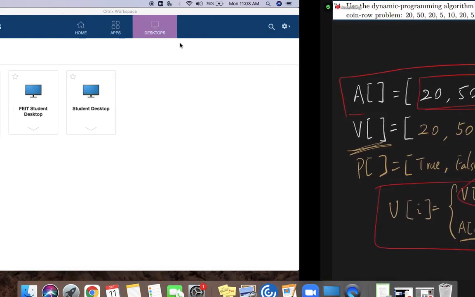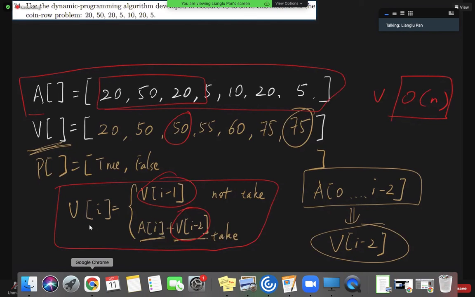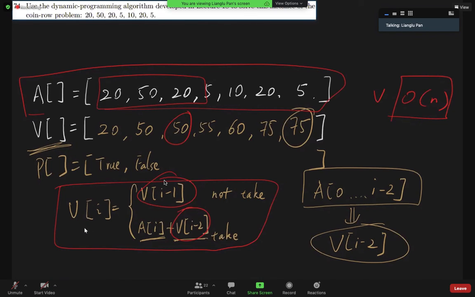And we can see from this recurrence relation that if we want to find out the maximum amount of money we can get if we have i coins in total, then we need the result from i minus 1 coins and also i minus 2 coins. So we use the result of these 2 sub-problems to help us solve a larger problem.